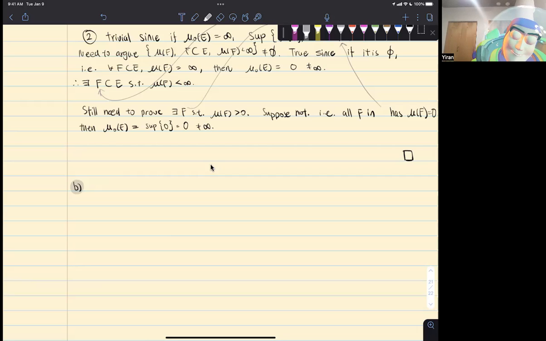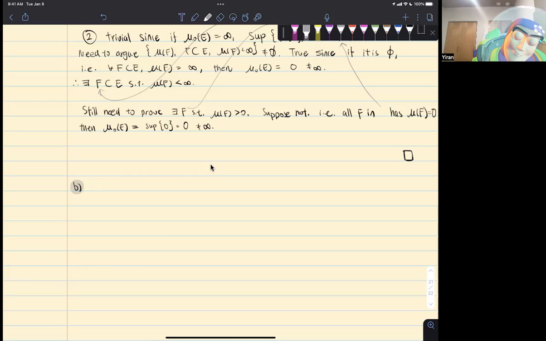Because Ej is sigma finite, mu of Ej is equal to 0. Therefore, given that E is sigma finite, we also have that mu of E is going to be 0. So mu of E is equal to 0, which is equal to the summation of 0 from j equal to 1 to infinity, which is equal to the summation of mu of Ej.